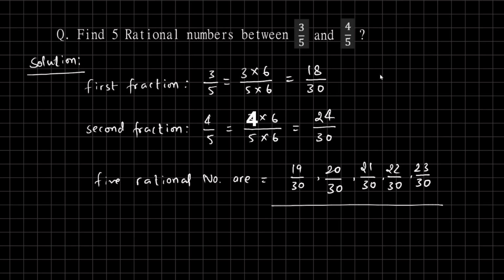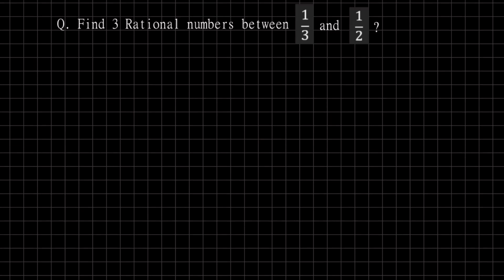Now let's see one last question. Our question is find 3 rational numbers between 1/3 and 1/2. Since the denominators are different, in order to solve this question using the denominator adjustment method, we have to make the denominators the same.